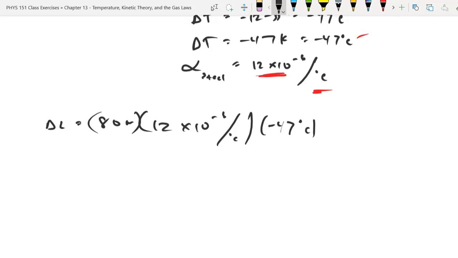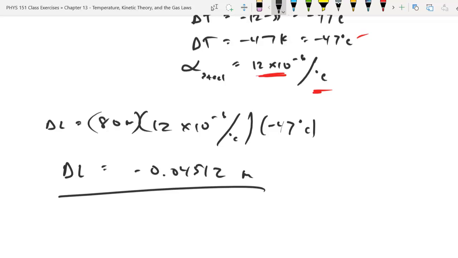And we get here that delta L is equal to negative 0.04512 meters. That's not a lot, 4.5 centimeters, right? You don't expect it to go a whole lot. That's almost 2 inches.